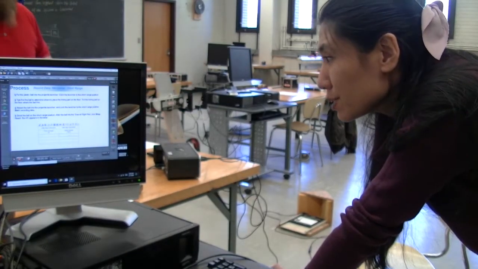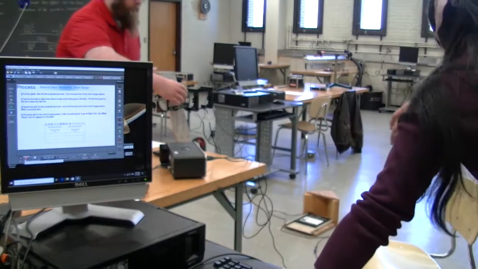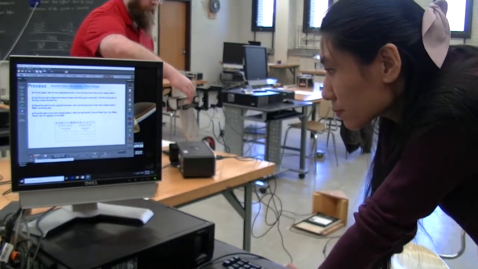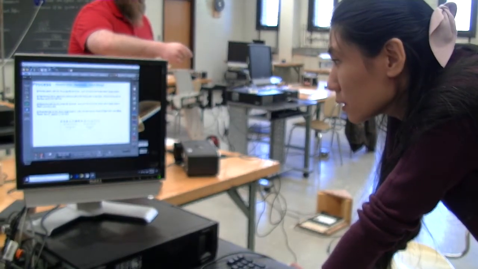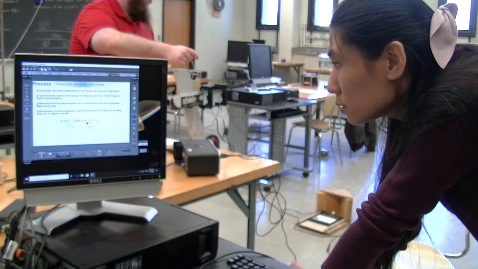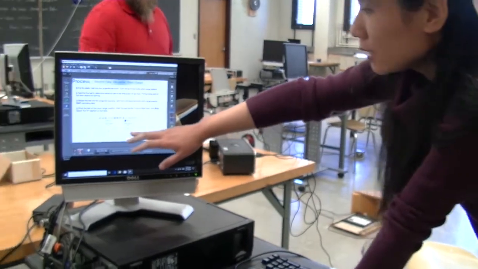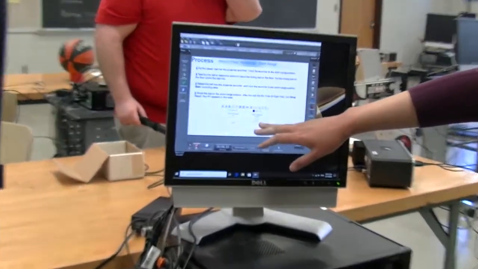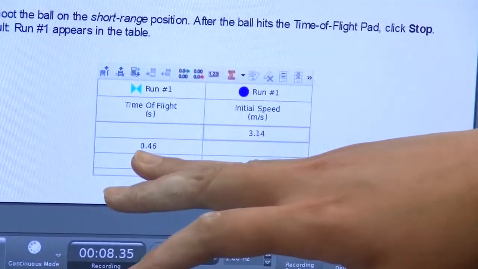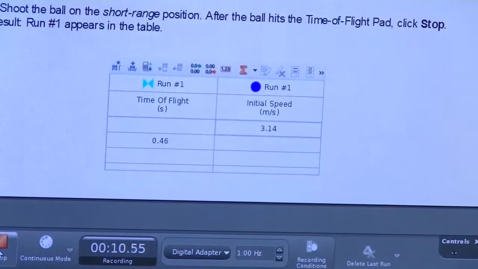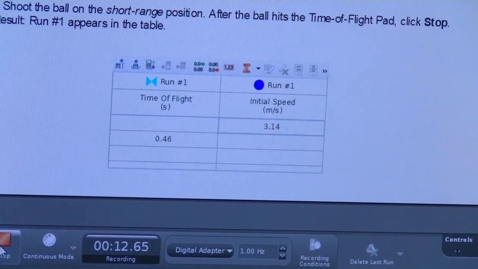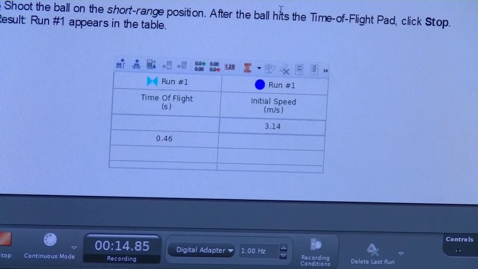Okay, now let's start with the measurement. So this time the initial velocity is 3.14 meters per second, and the time is 0.46 seconds. So this is a horizontal shooting of the projectile.